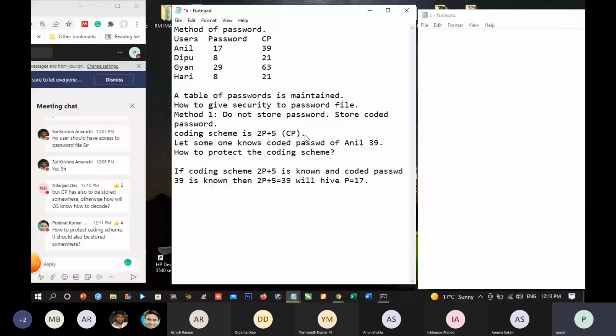The coding scheme is also known, so you can solve this equation and you can get the answer.